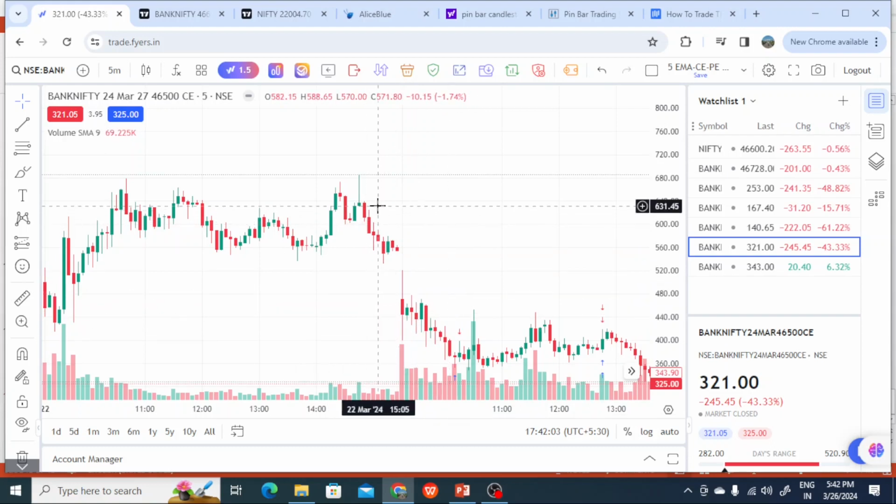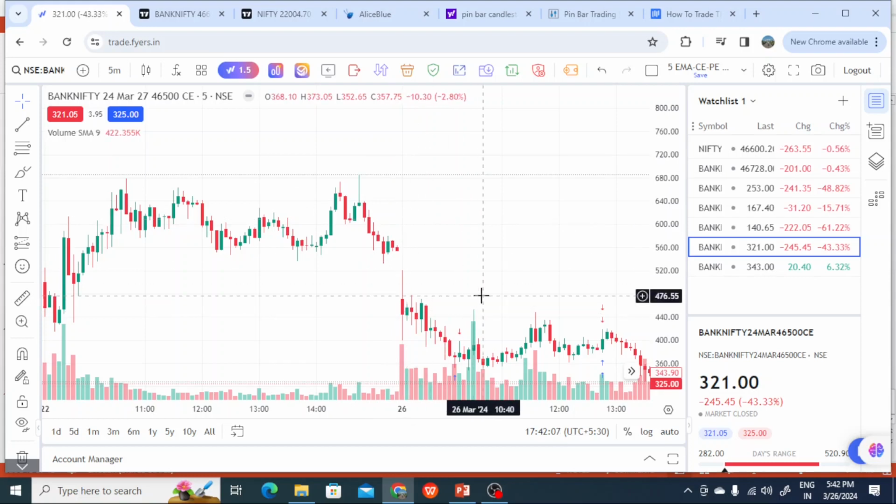One is that if it goes with your bearish view, you'll get good returns. If it goes into consolidation, a seller will again get the benefit of time decay. That is the advantage for an option seller.